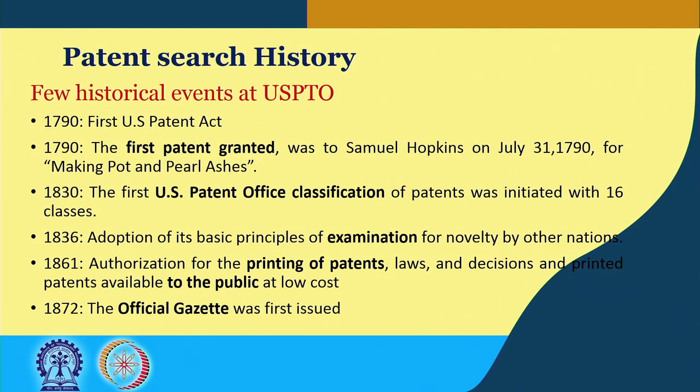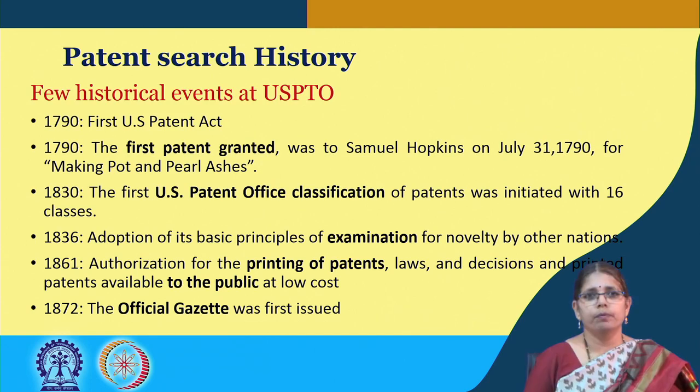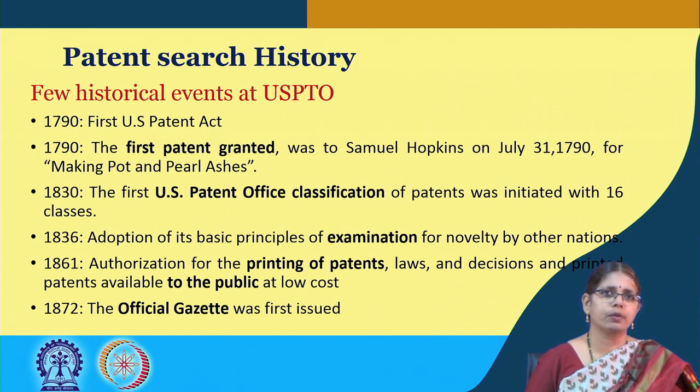So when we looked at the historical aspects of the patent search in terms of how the documentation was in those days, it's worthwhile to examine how some of the patent offices developed from the point of view of documentation and how it has helped searchers to really look at patent information.